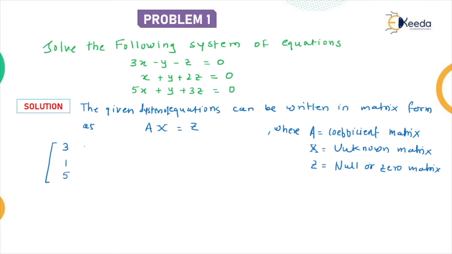In the second column, -1, 1, 1, and the next column -1, 2 and 3. This is all about matrix A.